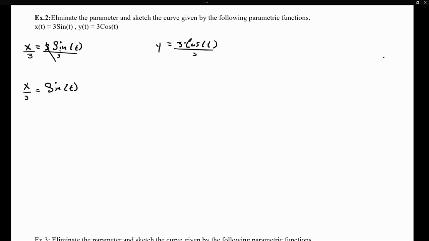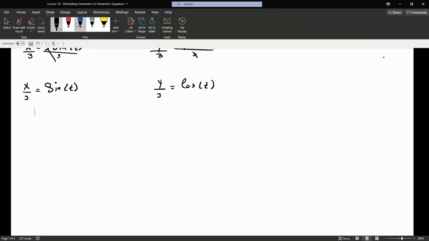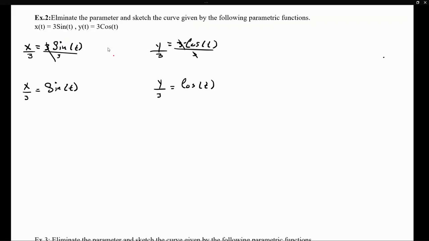And also for y, I have 3 cosine of t. So let me solve for cosine of t. Now that 3 cancels out, and we have y over 3 is equivalent to cosine of t. Now that we have it in this form, notice that there's a relationship between sine and cosine. Recall from trig that sine squared plus cosine squared is equivalent to 1.